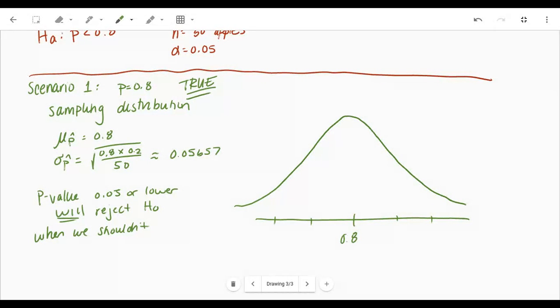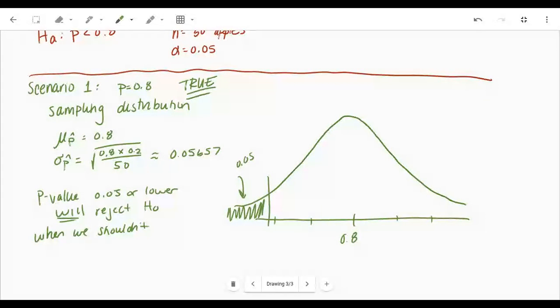So we know that that's going to happen 5% of the time. We can figure out actually what our cutoff is for an acceptable shipment versus an unacceptable shipment.